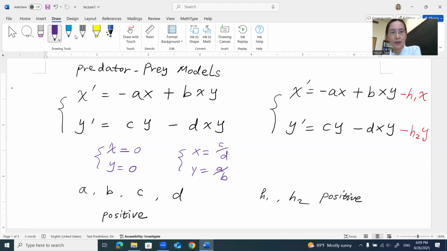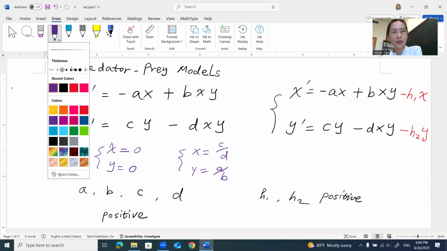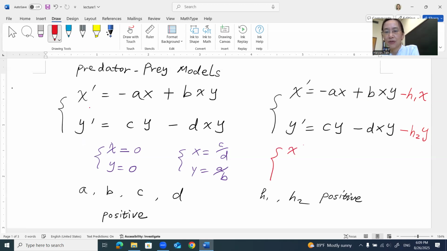For the second model, because of the introduction of the harvesting, let's rewrite the second. Everything will be the same, but we can simply put the X terms together. You see A plus H1 times X, minus B XY.